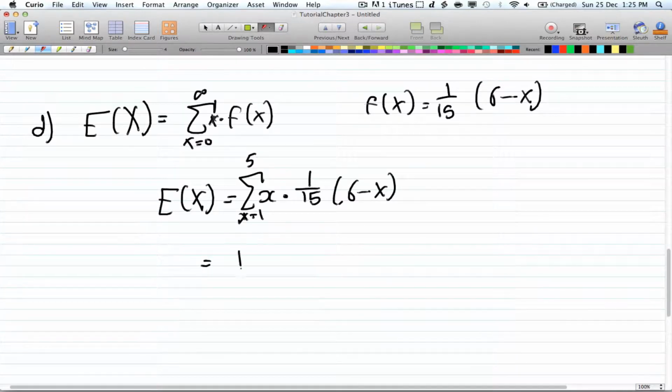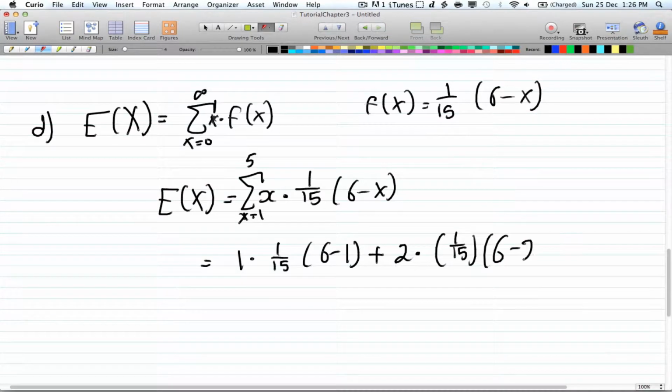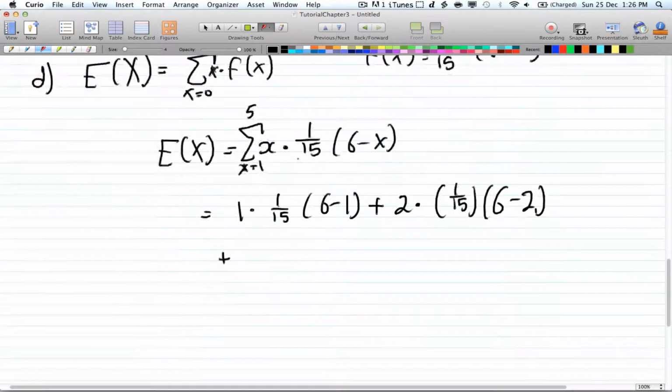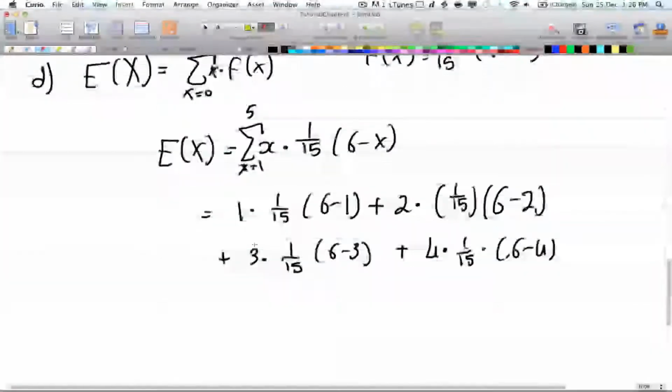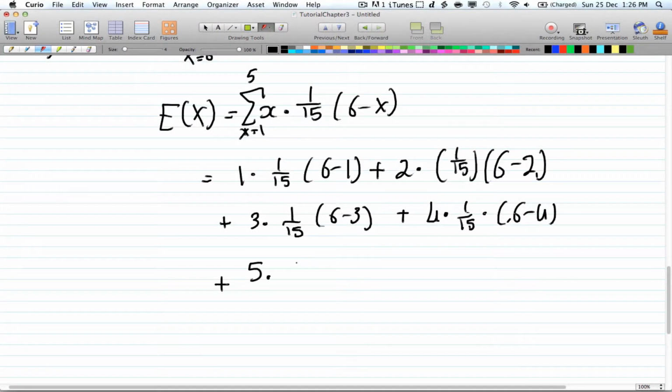So that will give you 1 times 1 over 15 of 6 minus 1 plus 2 times 1 over 15 times 6 minus 2 plus 3 times 1 over 15 times 6 minus 3 plus 4 times 1 over 15 times 6 minus 4 plus 5 times 1 over 15 times 6 minus 5.